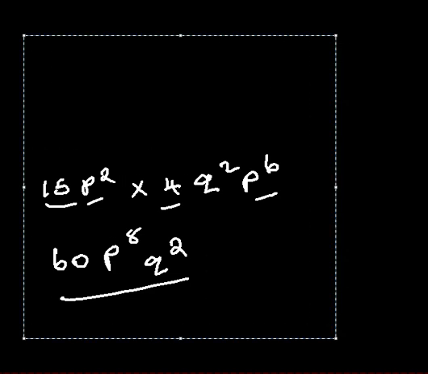And what if we have this case? Let's say we have 54p to the power 2 times q, divided by 9pq. How do you think you can have that?